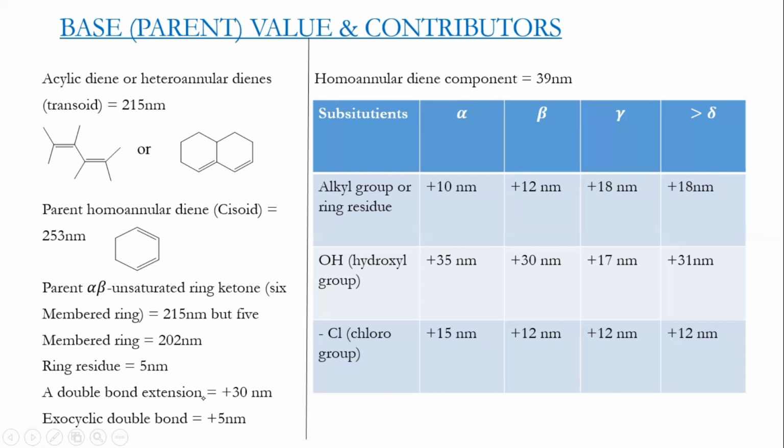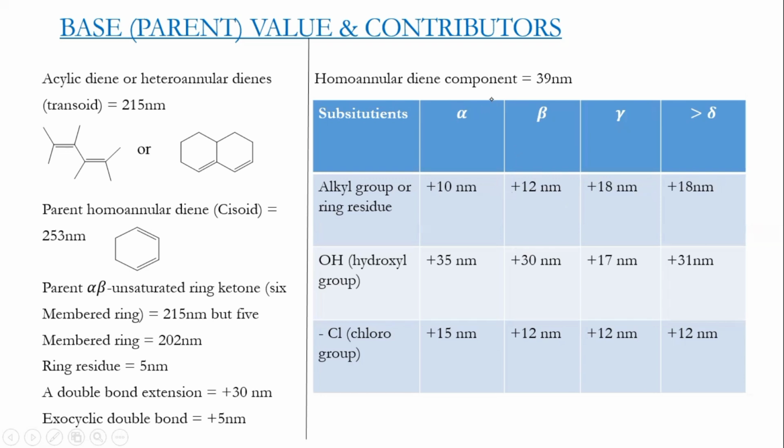A double bond extension, I'm going to explain later. It's 30 nanometers, and the exocyclic double bond is going to have a contributing factor of 5 nanometers. Now, the ring residues for enones are taken in terms of alpha, beta, gamma, and delta.